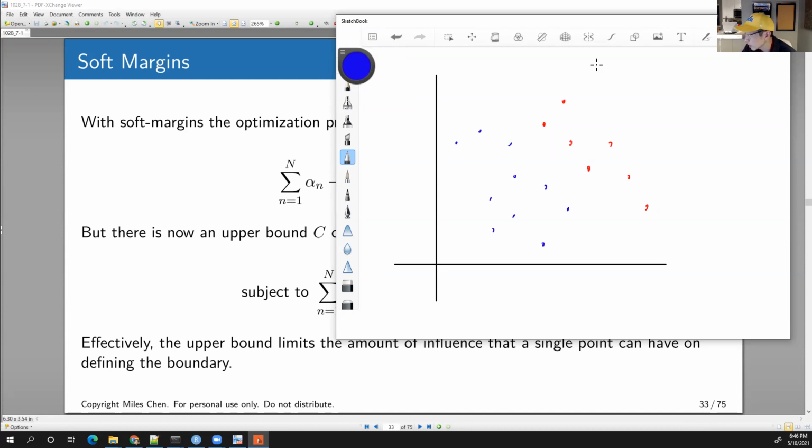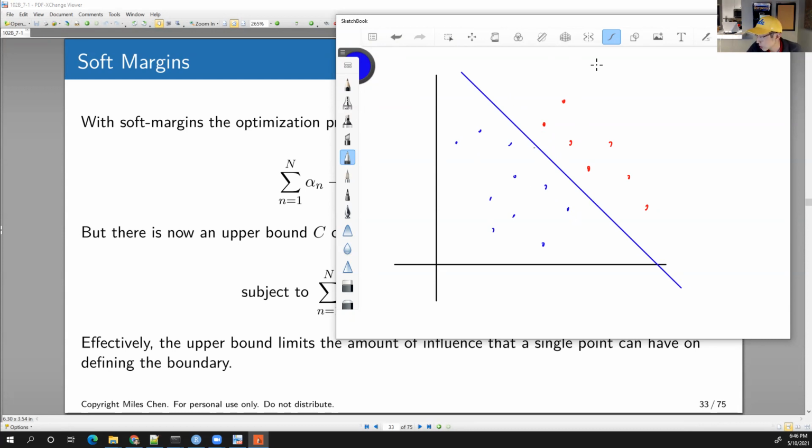Okay, and it makes sense for there to be a line that looks like that, a boundary here.